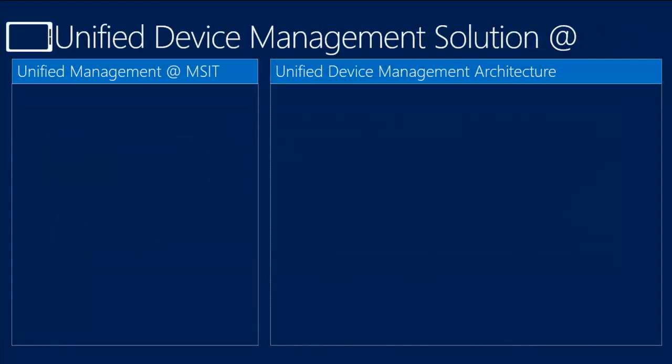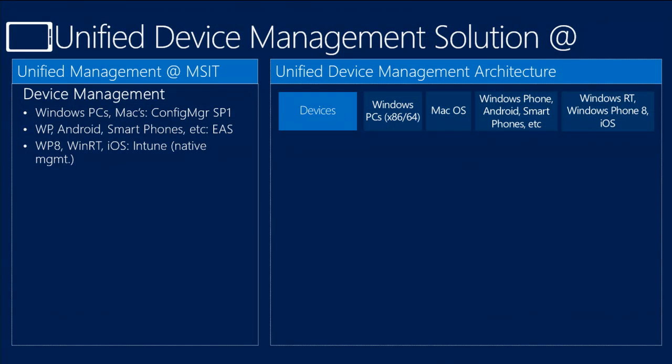So let's talk about how this unified device management solution works. We have Windows PCs and Macs that we have Config Manager SP1 for. We had Windows Phone, Android, and smartphone devices, and we had knowledge that these devices existed in our environment through Exchange ActiveSync.